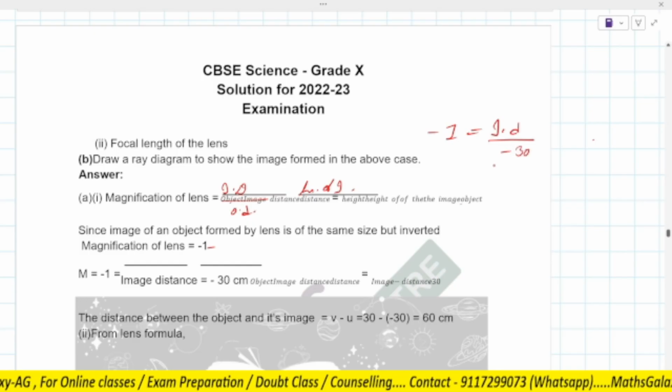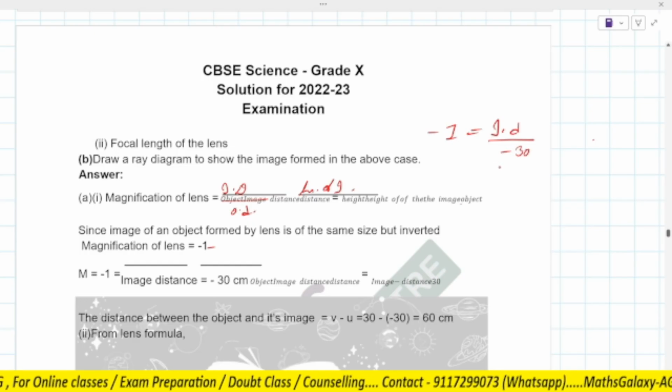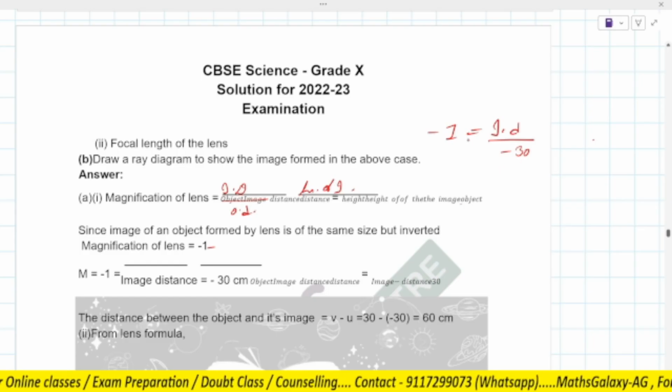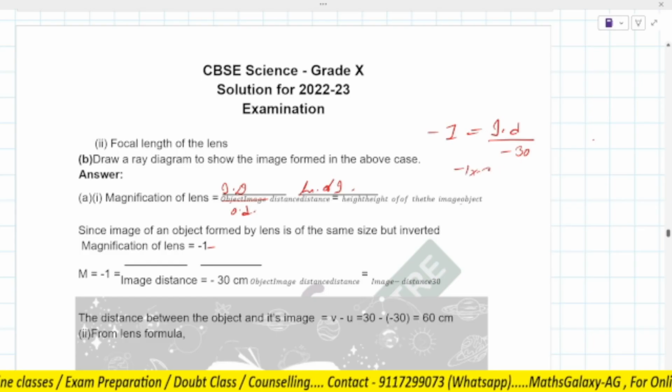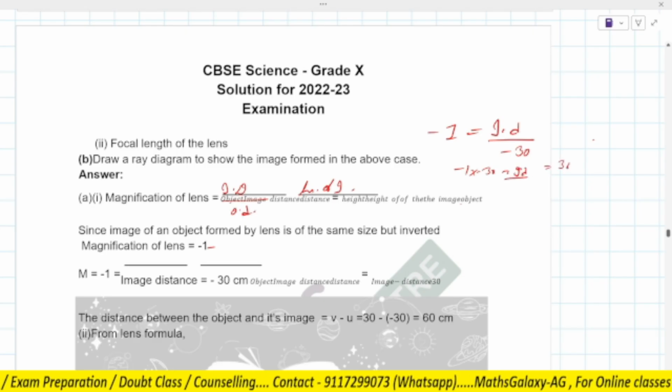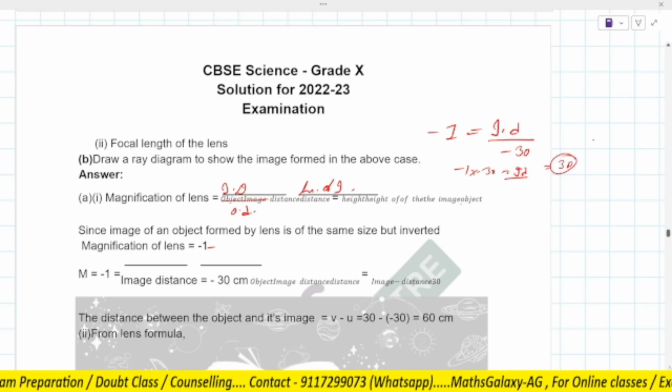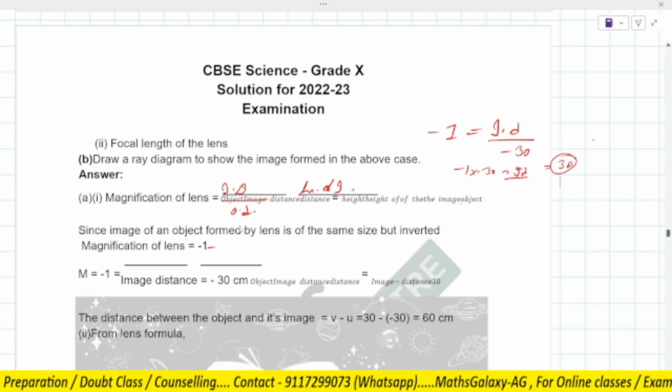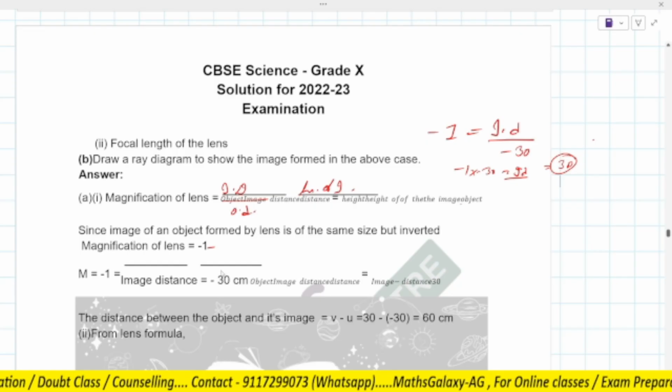Object distance will be -30. So image distance will be -1 into -30. Image distance will be 30. And here it's forming a ray diagram to show the image.